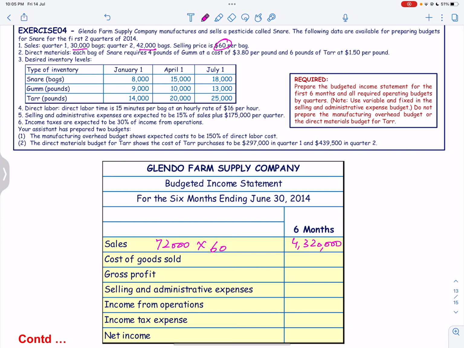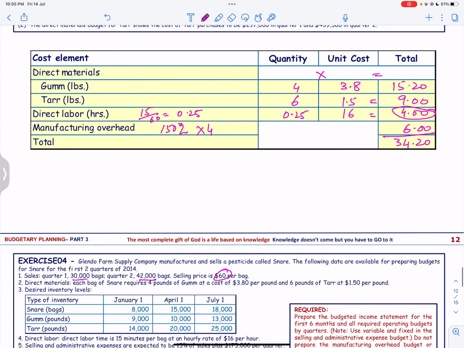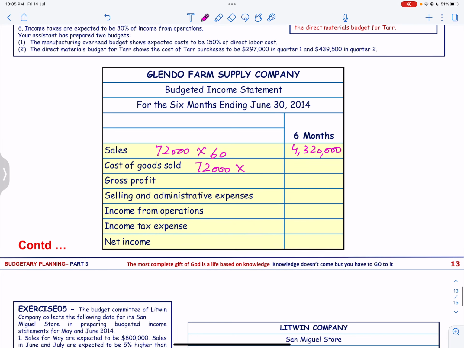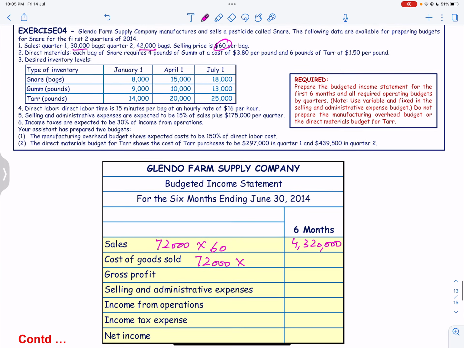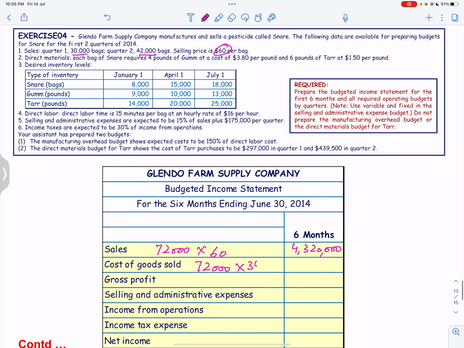Then we have the cost of goods sold, and the cost of goods sold is 72,000 times the rate we have calculated, that is 34.20, and this will be 2,462,400.